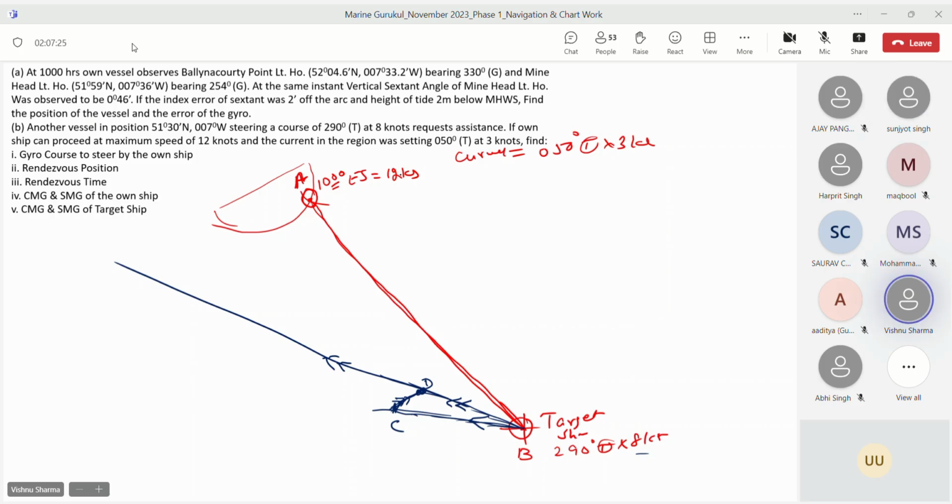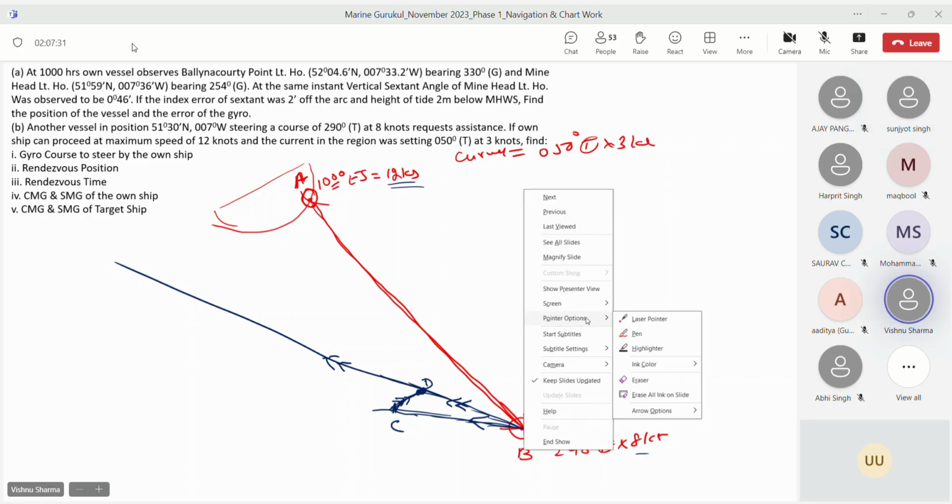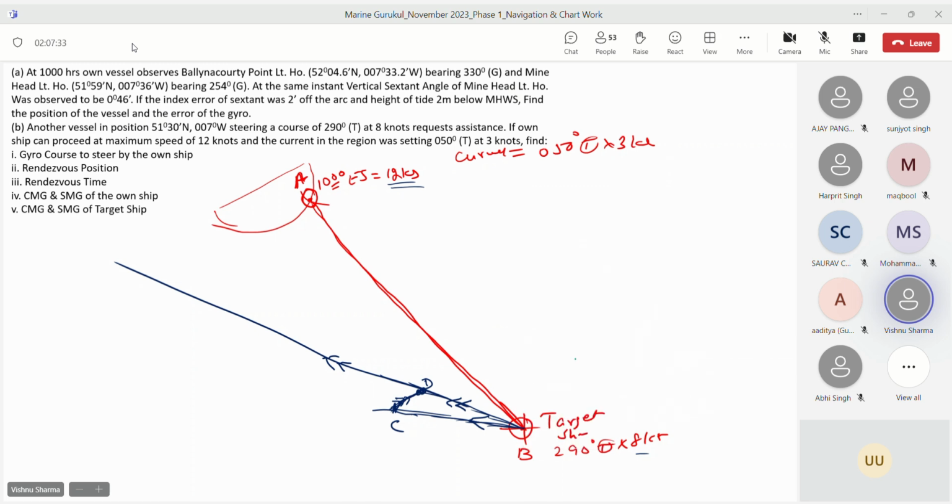I open my compass 12 miles, put it on C. Let me change to green. I put it at C, cut off 12 miles on this. Let's say I call it E. This becomes my CTS, yes or no? And ED will become my CMG. Correct, beta?